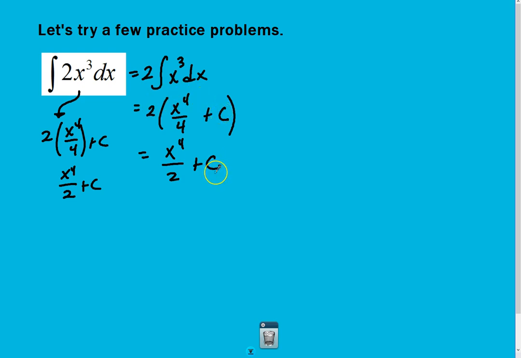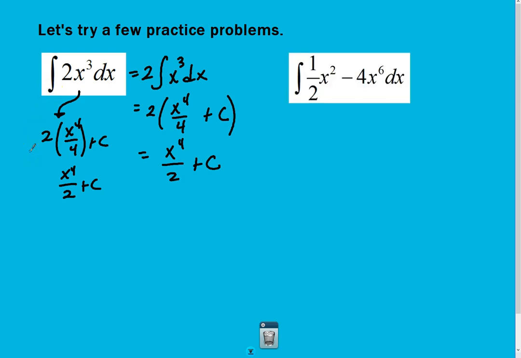And I don't want to write 2c because it's still some arbitrary constant that I don't know the value of. I'm just putting it there as a placeholder in the event that I had more information that I could actually solve for it. Because I don't know what it is, and I'm not going to know without further information, I could, if I wanted to, put the parentheses here. But in my final answer, I need to make sure that it's just plus c by itself all over here. Okay? Let's try another one.